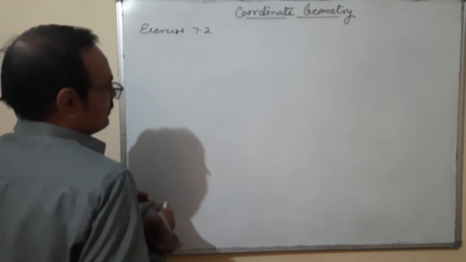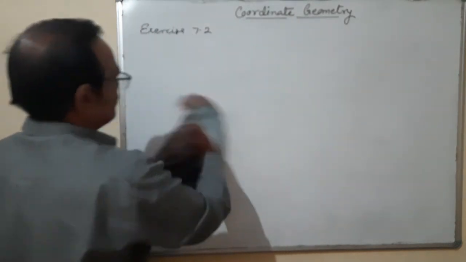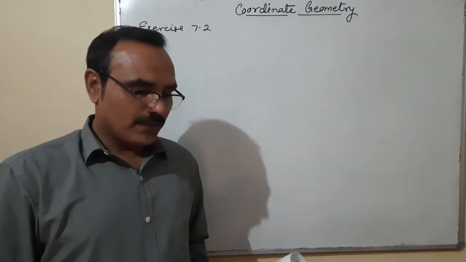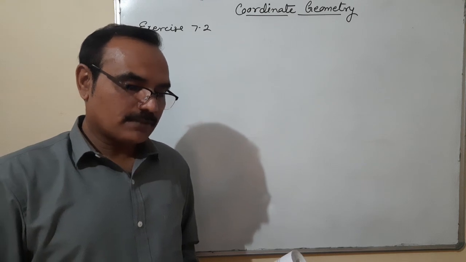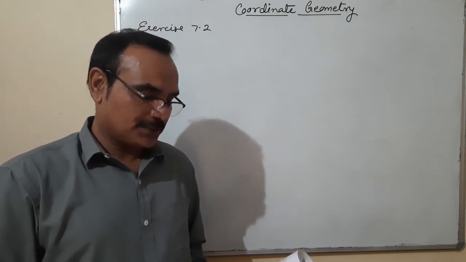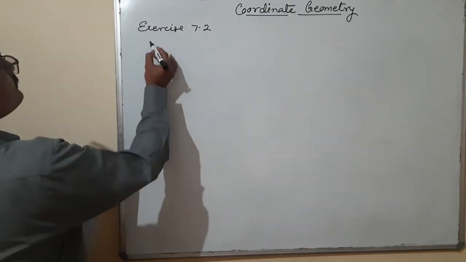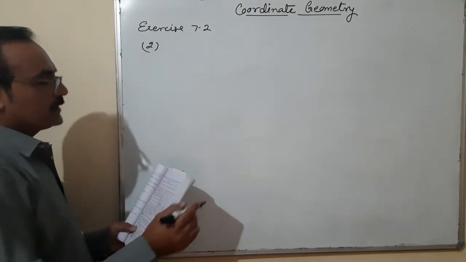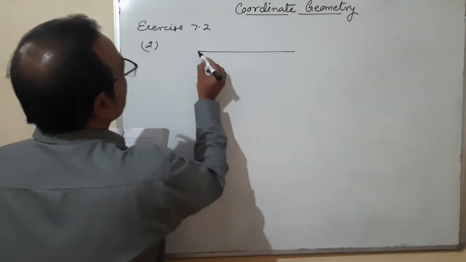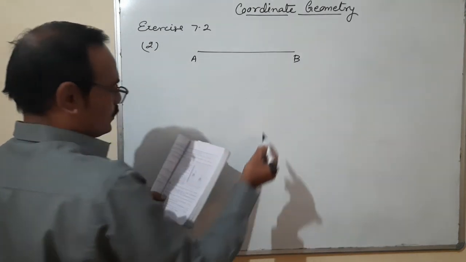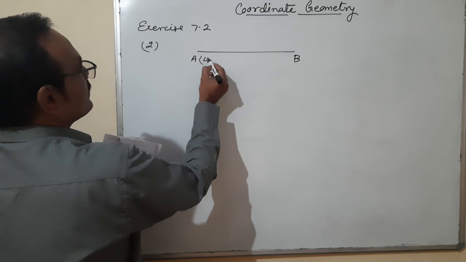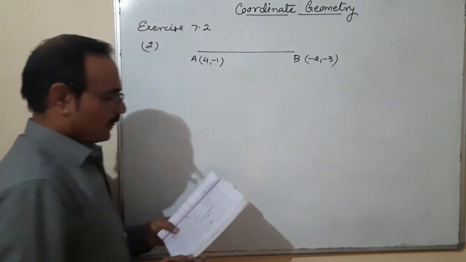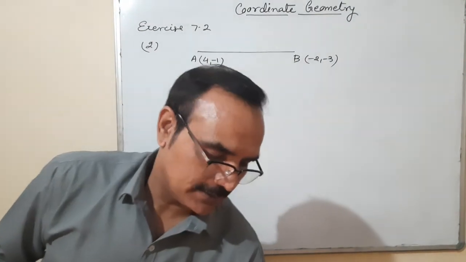Question number 2: find the coordinates of the points of trisection of the line joining the points A(4, -1) and B(-2, -3). The question is to find the coordinates of the points of trisection.